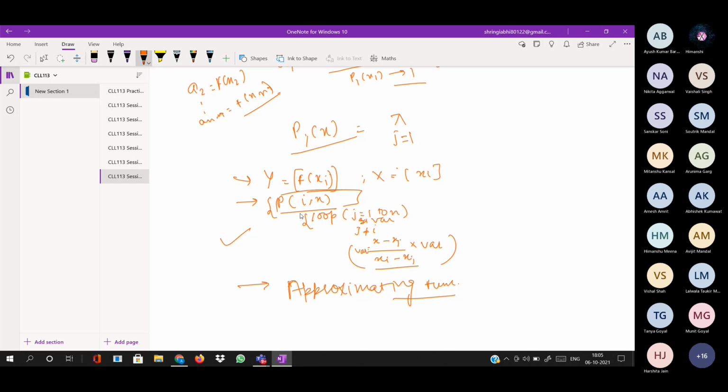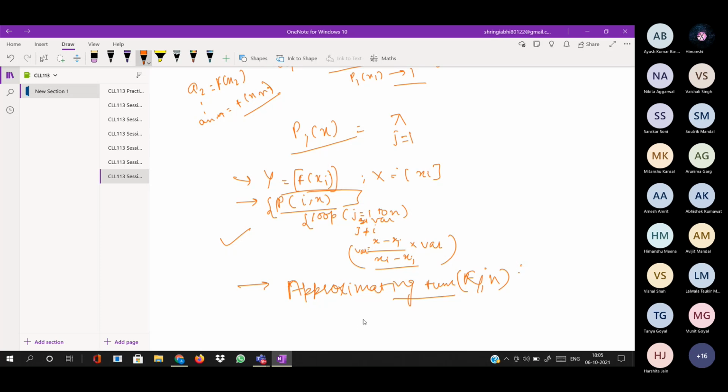Once you calculate all the polynomials, you'll take as input whatever you want, like f(x) values, y values, and some number n, the number of points you have. With these both things as input, you can easily approximate it, right?